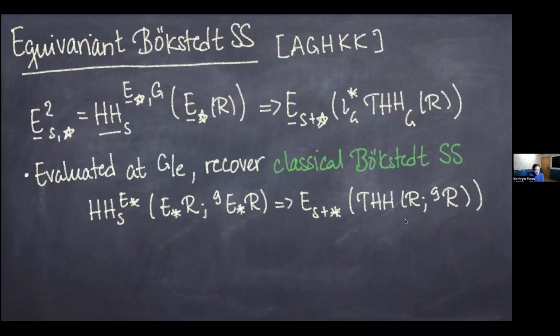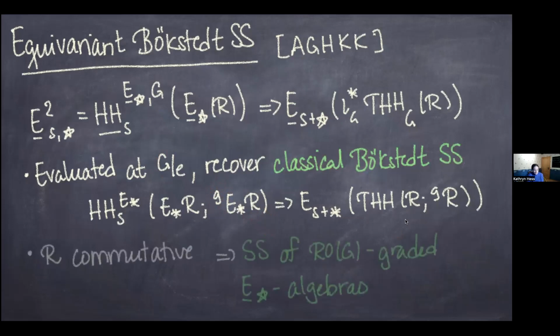If we evaluate these Mackey functors at the trivial subgroup, then we actually recover the classical Bökstedt spectral sequence in the case where you're looking at Hochschild homology with coefficients in this algebra seen as a twisted bimodule, twisted with respect to this action of the generator of the cyclic subgroup. So you can recover the classical Bökstedt spectral sequence. And in the case when your original ring spectrum is actually commutative, then you get a spectral sequence of algebras and not just of Mackey functors.